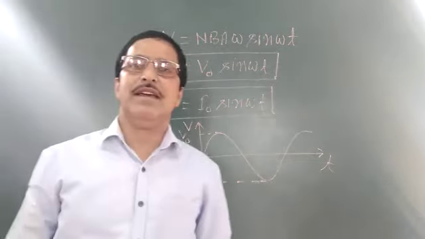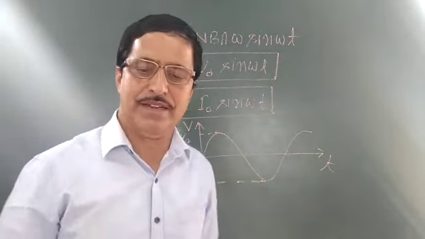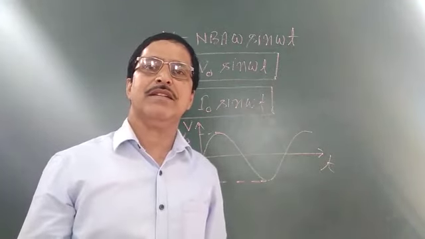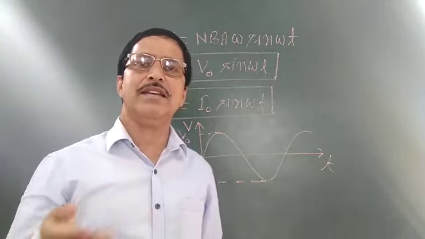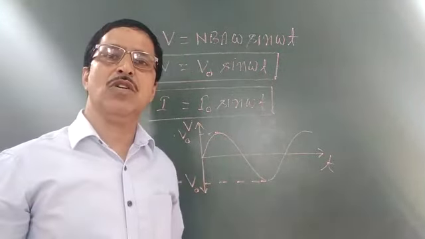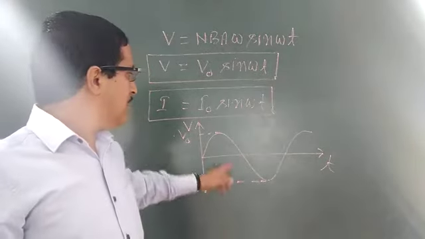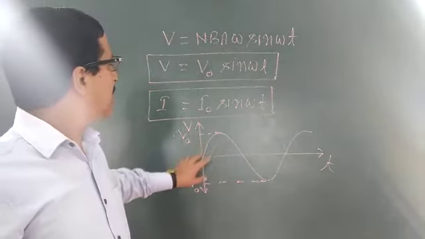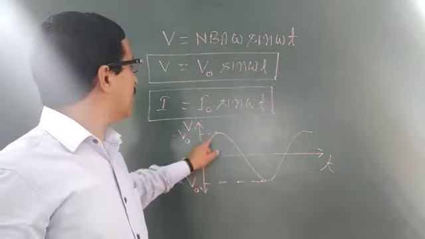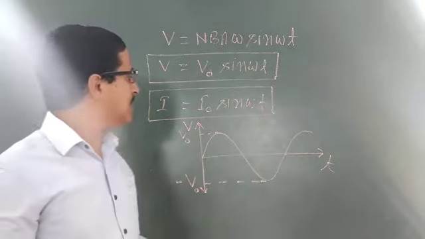Now it is seen that when an alternating voltage is applied in a circuit, its effect is neither equal to that of the peak value of this voltage nor equal to that of the average value. And one thing that you must know is that if we calculate the average value of the alternating voltage for one complete cycle, then it will come out 0.